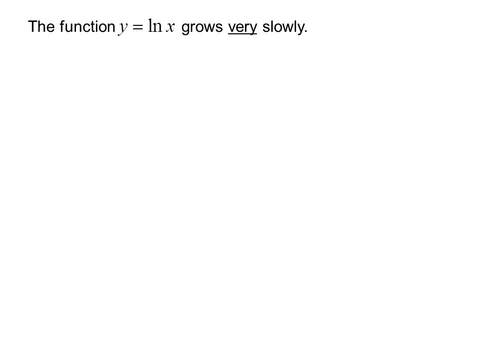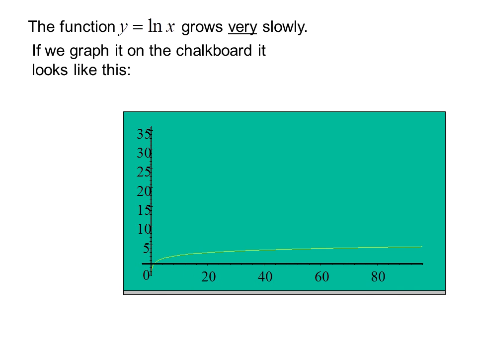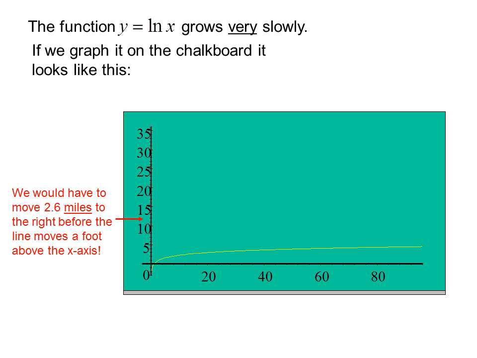The function y equals ln x grows very slowly. Once again, we graph it on the chalkboard. It looks like this. We would have to move 2.6 miles to the right before the line moves a foot above the x-axis.